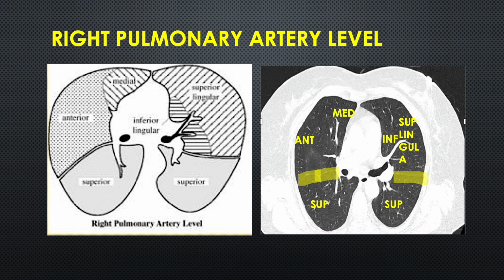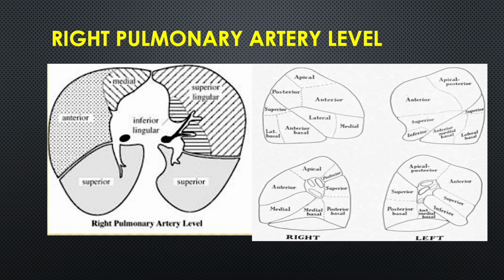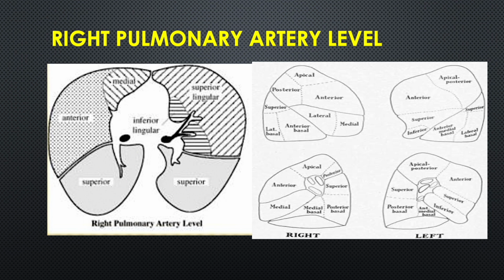So let me label it for you. So medial segment of the middle lobe, some part actually is still the anterior segment, superior segment of the lower lobes. Below this, we are now expecting that when we cross this level, we should be seeing most of the lower lobe. So remember this image again. We are somewhere here.